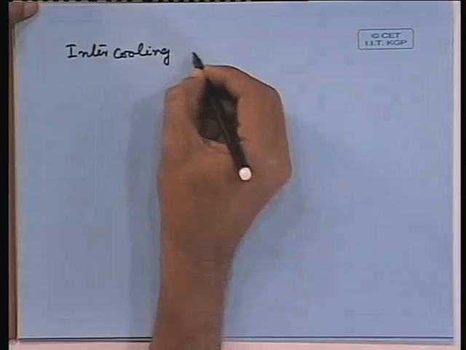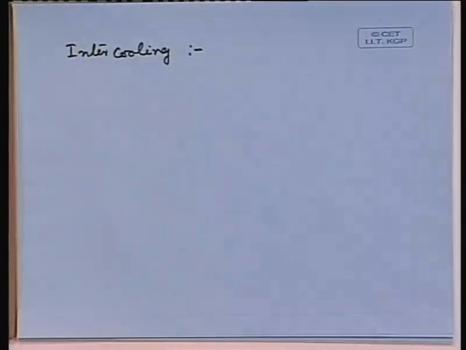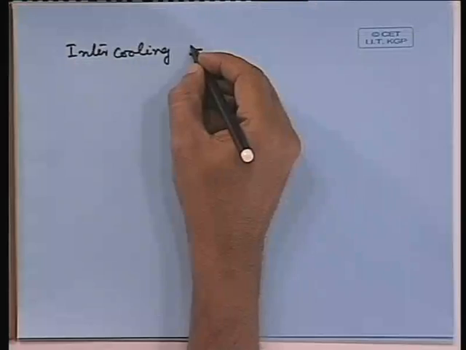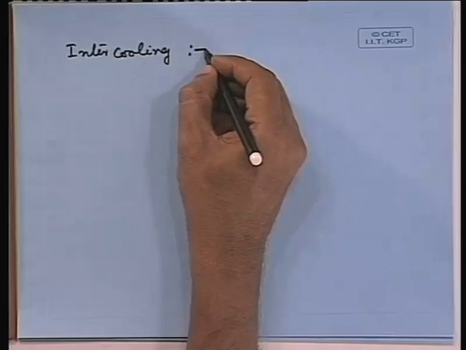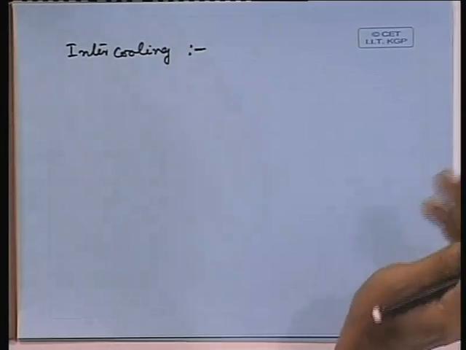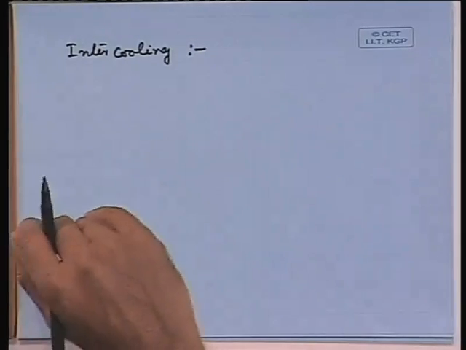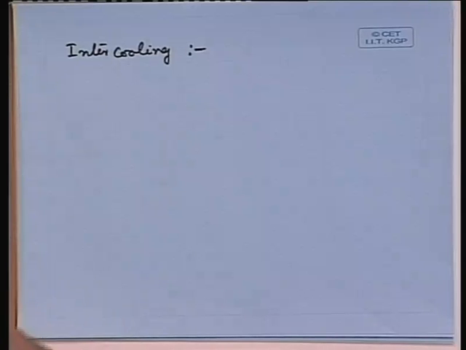We know that the compressor is a very crucial part of the gas turbine power plant, because it eats away a lot of the motive power developed by the turbine. That means, of the power developed by the turbine, a large part of it is utilized for running the compressor.